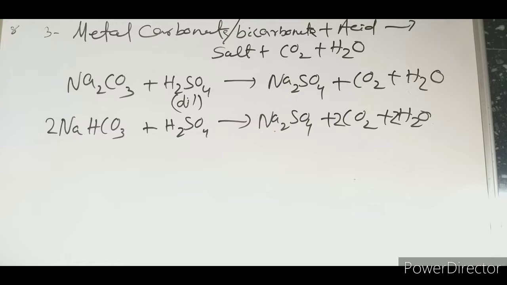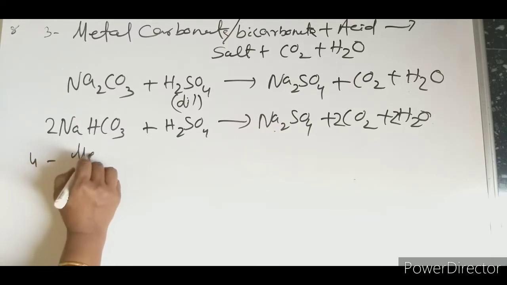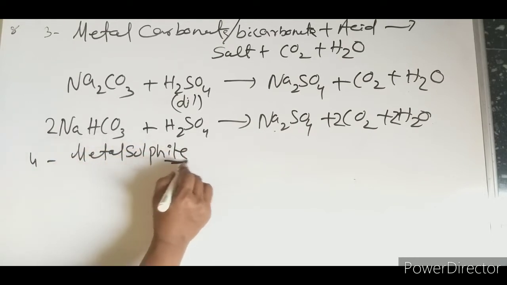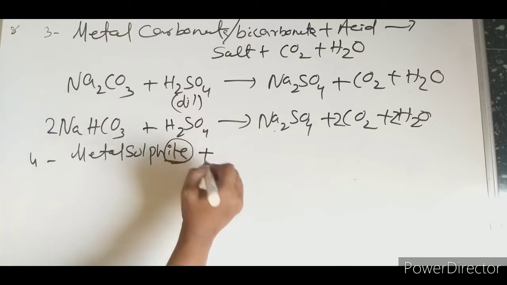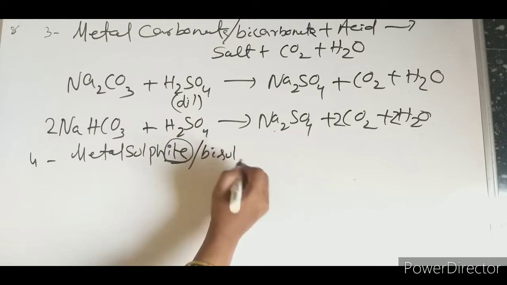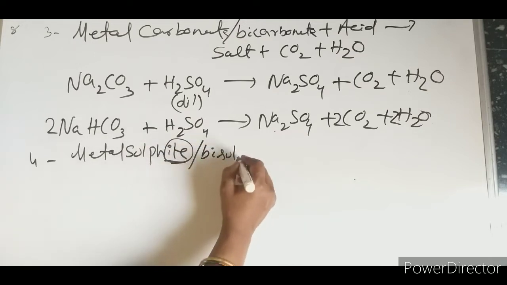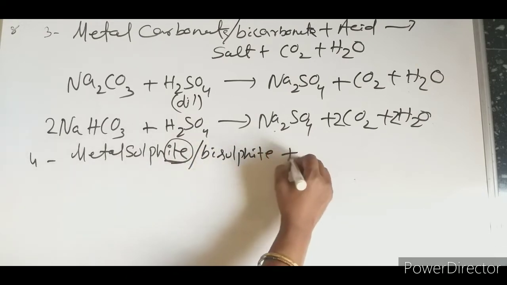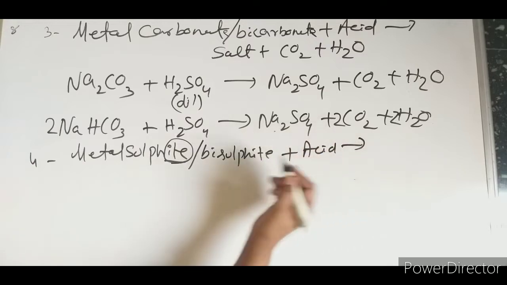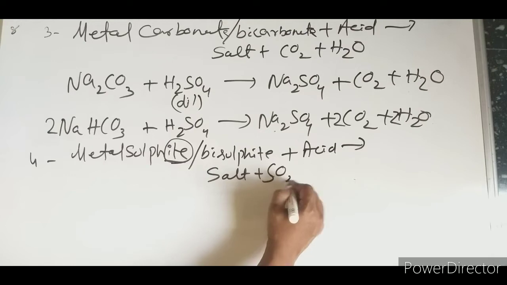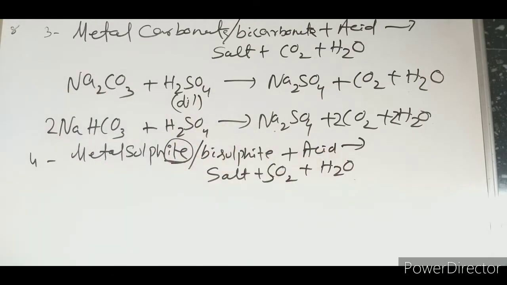Now let us see the metal sulfite or bisulfite, that is hydrogen sulfite, plus dilute acid, which gives rise to salt plus sulfur dioxide plus water.